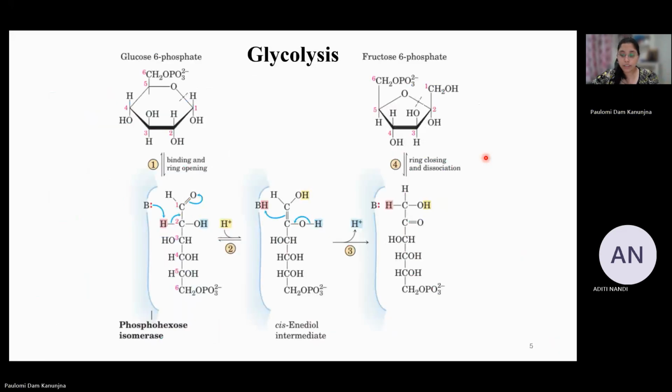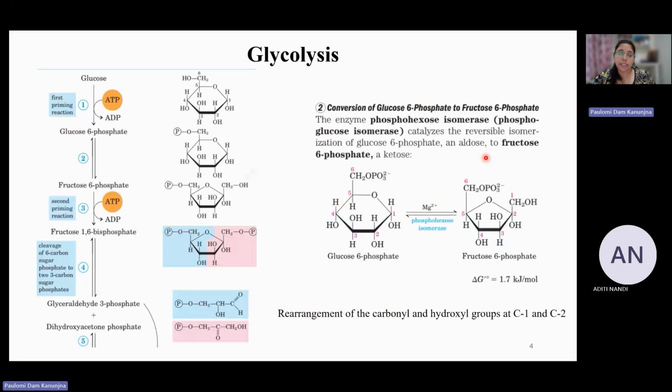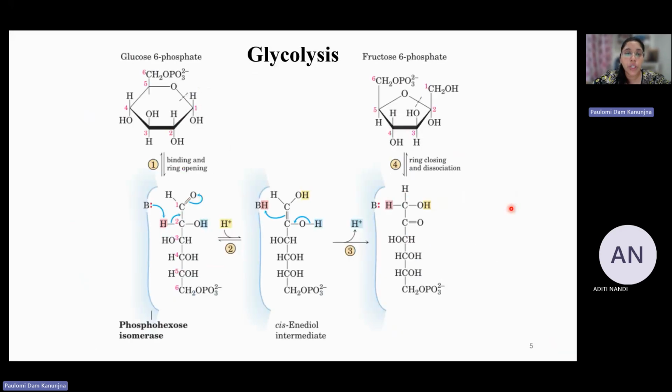Now, how did this rearrangement take place? How did a glucose 6-phosphate, which looks like this in structure, get converted to fructose 6-phosphate, which looks like this in structure? So here you can see the reactions. This is how your glucose 6-phosphate is. The first thing that happens is opening. If you remember, we have looked into how a closed ring structure can form an open ring structure.